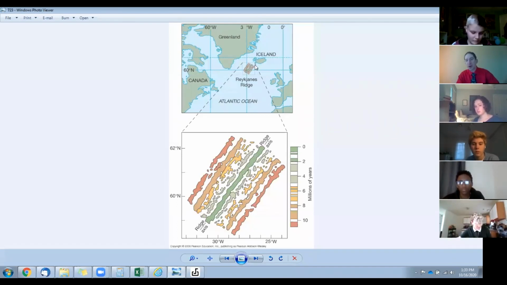By bringing up rock samples, they sampled over a pretty large area, a pretty big part of the seafloor. They see that these iron-bearing molecules keep reversing direction periodically. This is the more recent stuff, and it's older stuff the farther out you go. It's evidence that the Earth's magnetic field is flipping every million years or so.